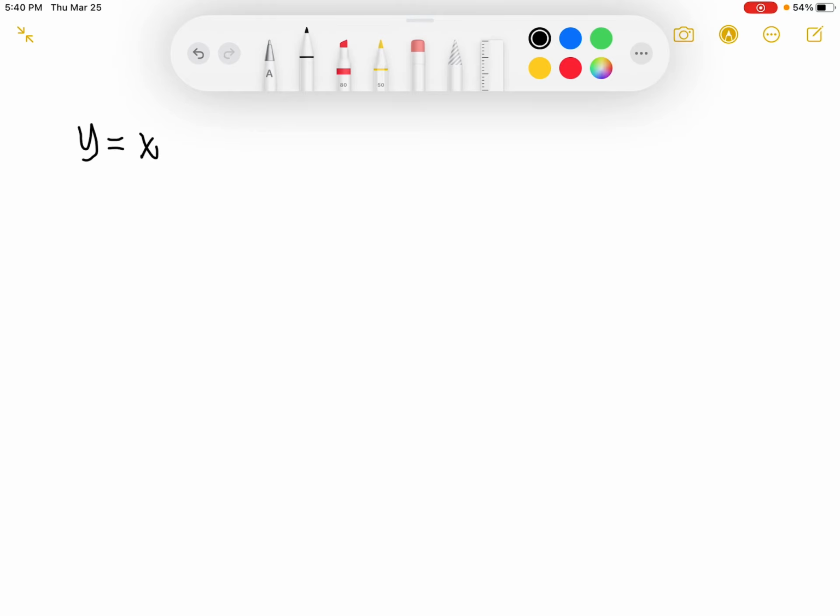So let's say we had this. That's one equation. Okay, so what do we do? And what is our goal in a system of equations?